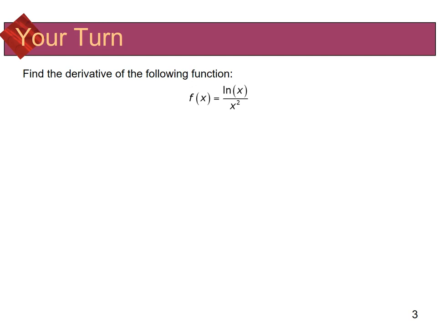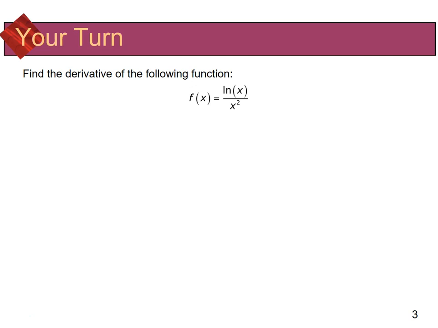So for this one here, you're asked to find the derivative of f of x equaling the natural log of x divided by x squared. Now, you can use the quotient rule and do bottom derivative top minus top derivative bottom all over bottom squared.